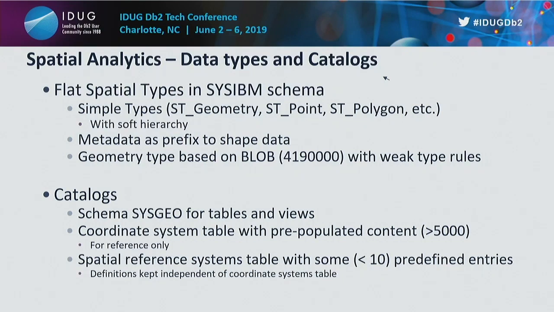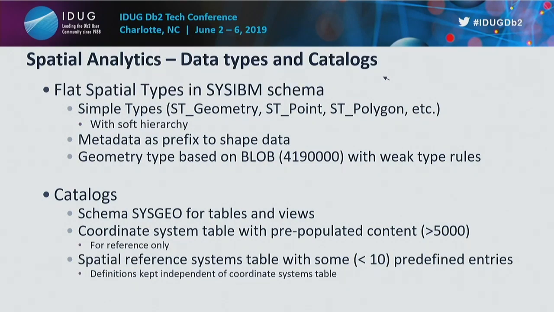So the metadata representing the type will be stored as a prefix in the blob, and then the geometry data will be after it in the blob. This is done because at this time abstract data types aren't supported for column organized tables, so these types are just placed right on top of blobs.